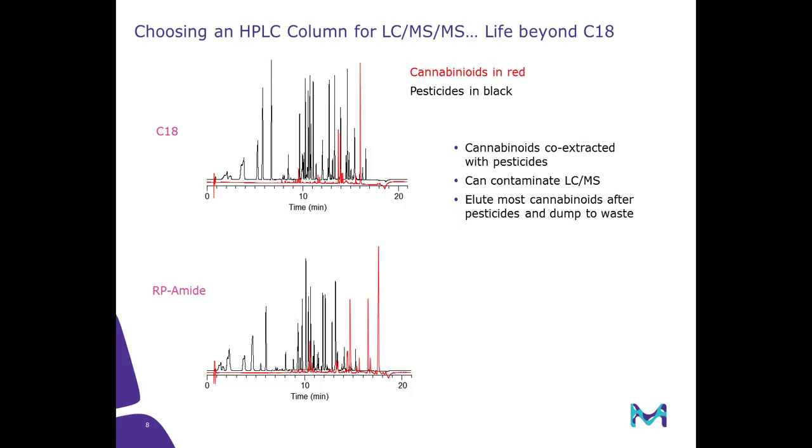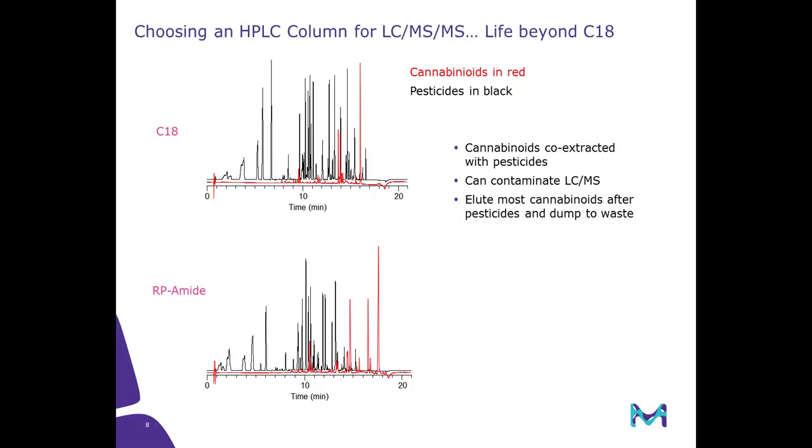So there are a couple issues with that. First of all, when injecting an organic solvent into this mixture, your early eluting peaks tend to not look very nice. They're kind of ugly, they're kind of broad. Another thing is that during that QuEChERS extraction, in addition to those pigments and those lipids and sugars that can come out along with the pesticides in the extraction, cannabinoids come out too.